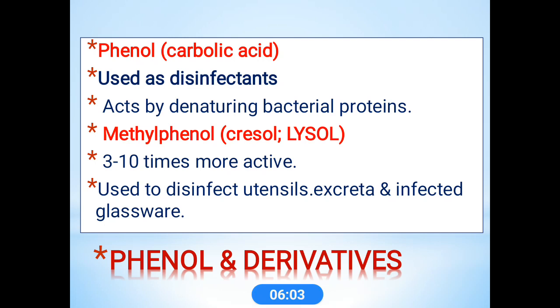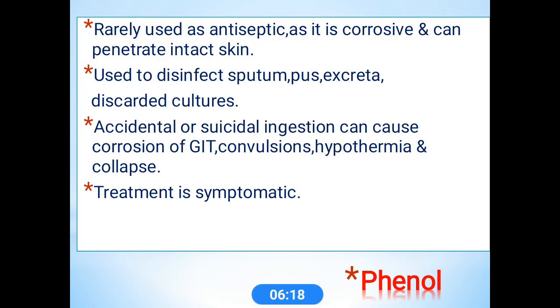Methyl phenol, that is Lysol, is 3 to 10 times more active compared to phenol. This helps to disinfect utensils and infected glasswares. Phenol is rarely used as an antiseptic as it is corrosive and also penetrates intact skin. It is used to disinfect sputum, pus, and discarded cultures.